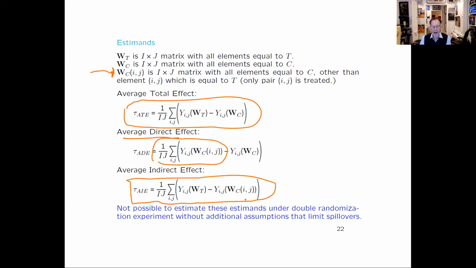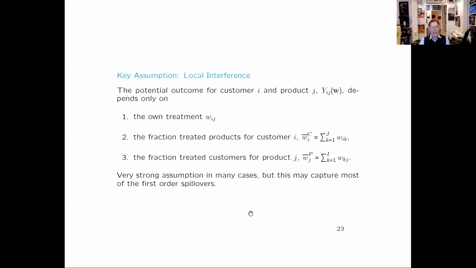for pair ij. Now, these are natural things to focus on, but in general, it's going to be very hard to estimate these objects, even if we randomize both the customers and the products in this double randomization design, without additional assumptions that somehow limit how much interference, how much spillovers there are between units.